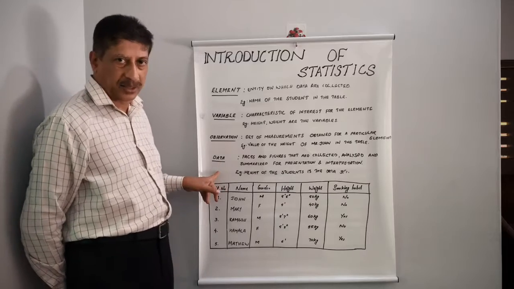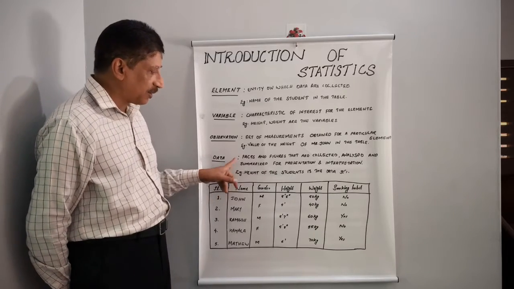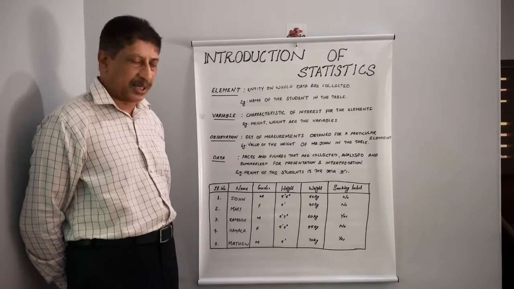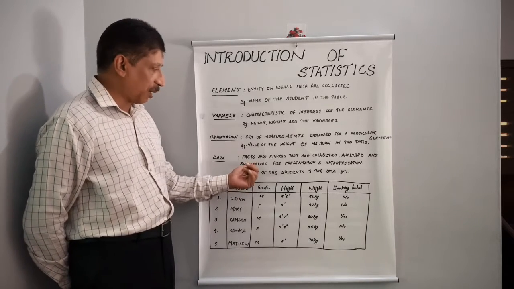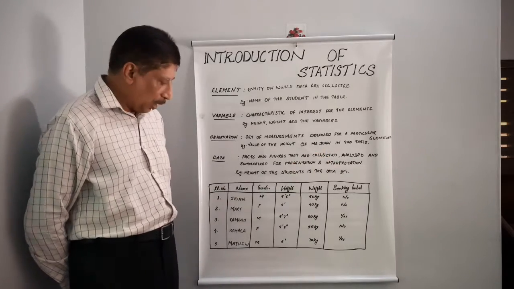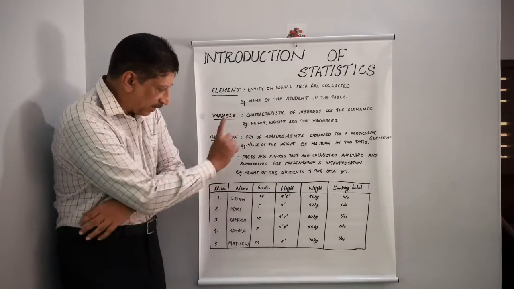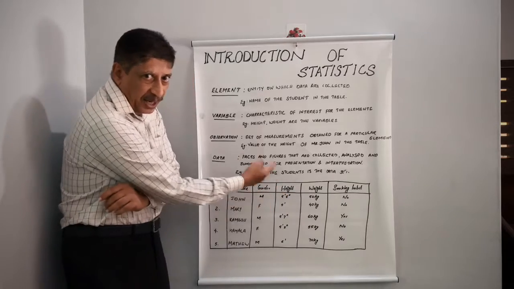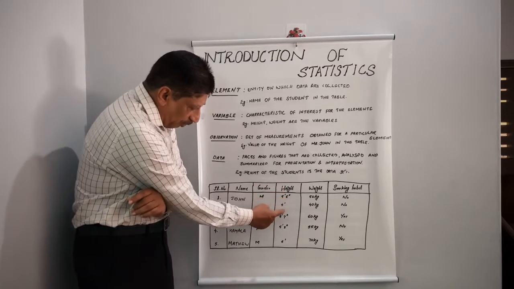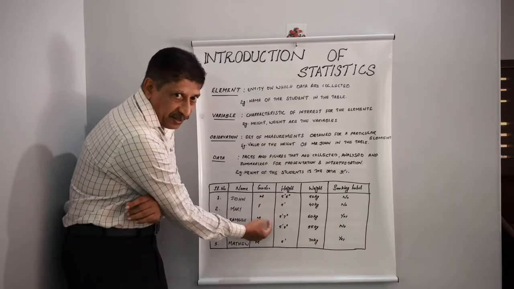And then the data. The data means the facts and figures that are collected, analyzed and summarized for presentation and interpretation. Look, when you consider height as a variable, based on this height we have 5 data.